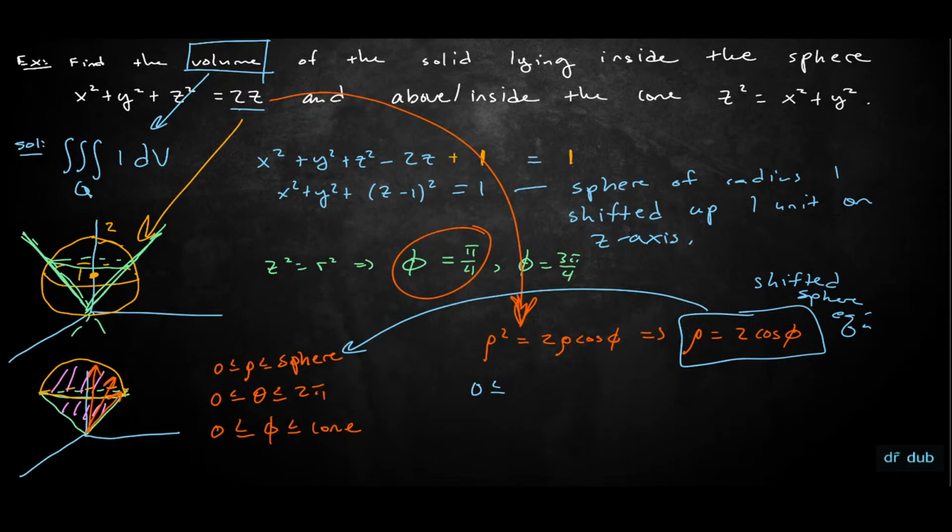So 0 less than or equal to rho less than or equal to 2 cosine phi. 0 less than or equal to theta less than or equal to 2 pi. And 0 less than or equal to phi less than or equal to pi over 4. And those are our bounds for our triple integral.